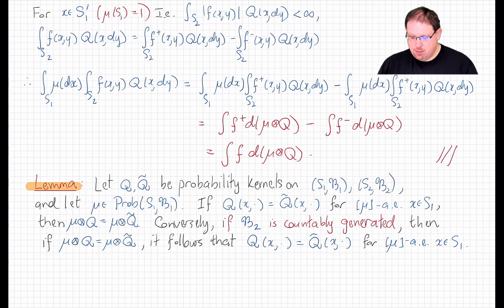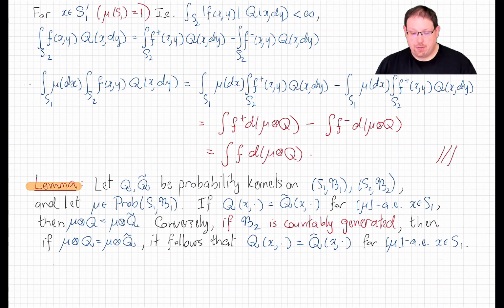If those two kernels agree as measures for almost every x, that is, almost every with respect to the probability measure mu in question, then the two product measures will be equal. Conversely, suppose that the two product measures are equal, we can actually conclude that the two kernels are the same, except on a set of mu probability 0.